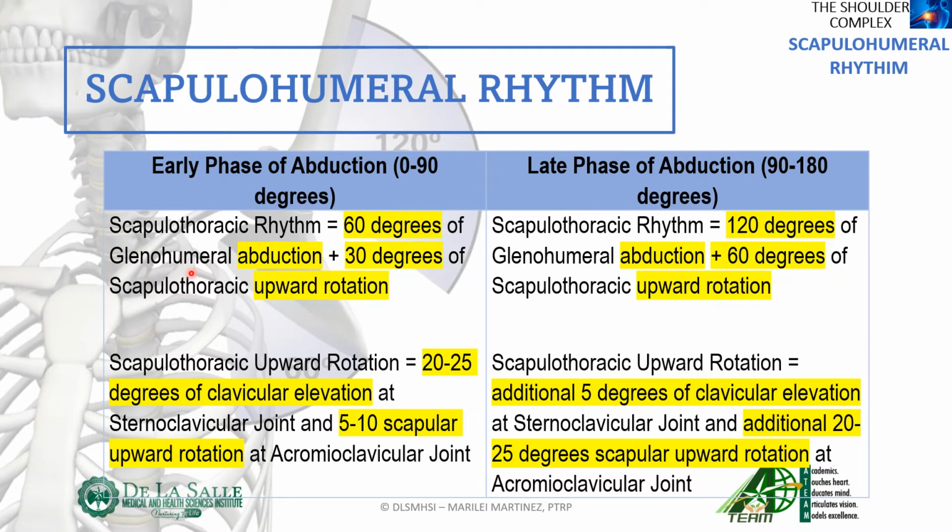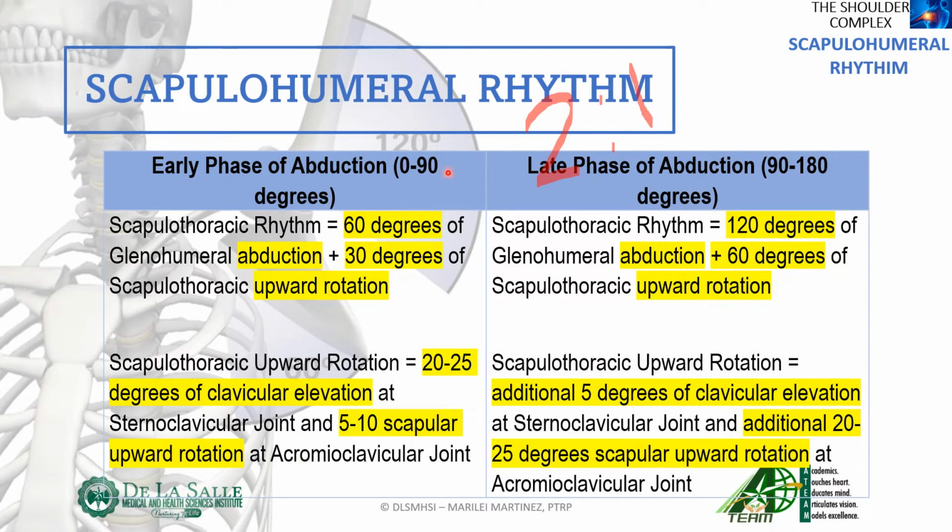The early phase of abduction, or the setting phase, that is around 0 to 30 degrees, is actually variable in individuals. However, after 30 degrees of abduction, there is 2:1 ratio between the glenohumeral joint and the scapulothoracic joint. Please remember this one, 2:1 ratio.